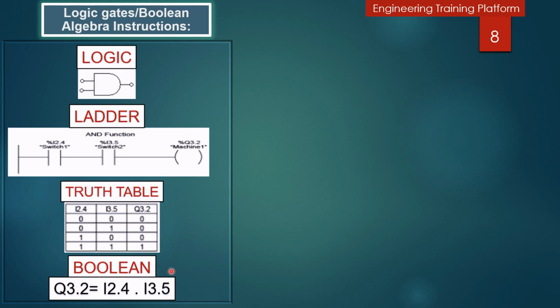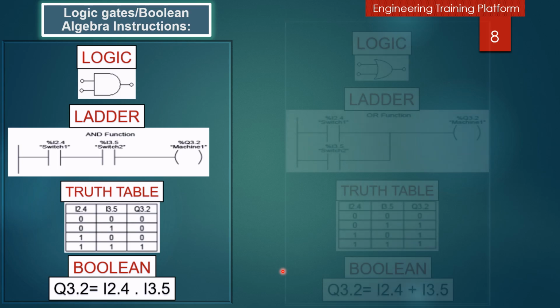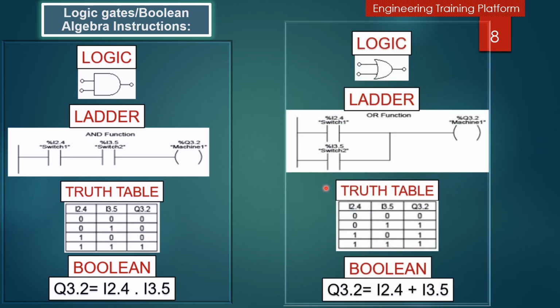You can see the Boolean equation for this one. Q3.2, the output, is equal to I2.4 multiplied by I3.5. On the other hand, you can see the symbols for the OR gate, and here I will define the ladder logic, including the truth tables and the Booleans.